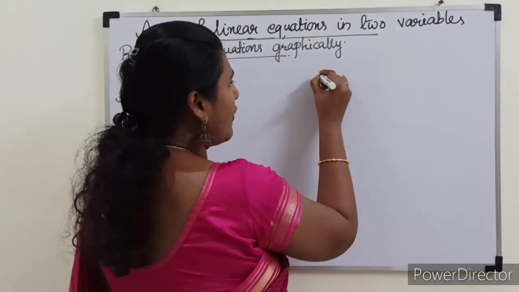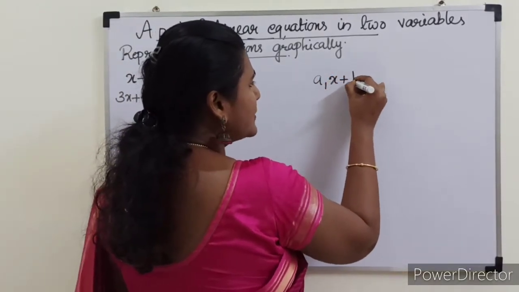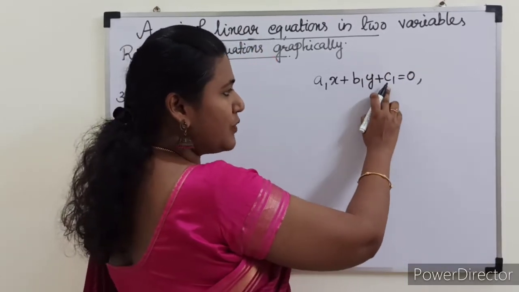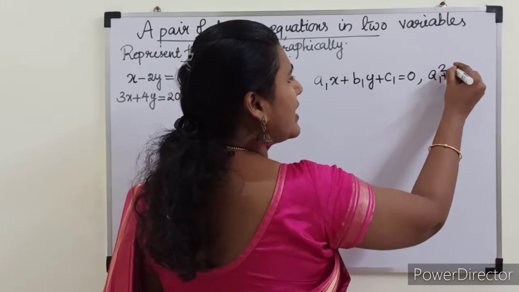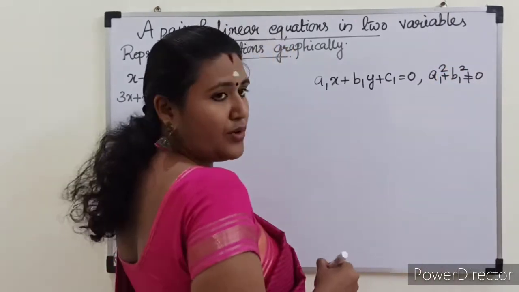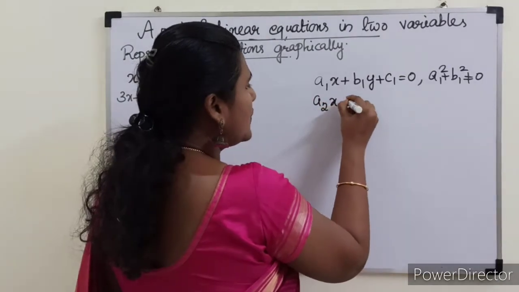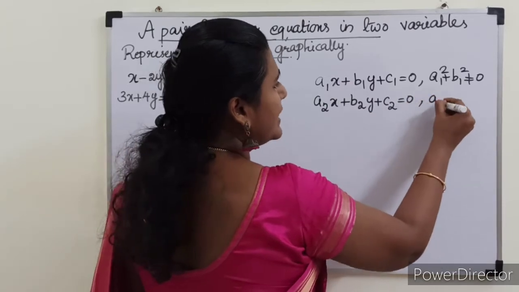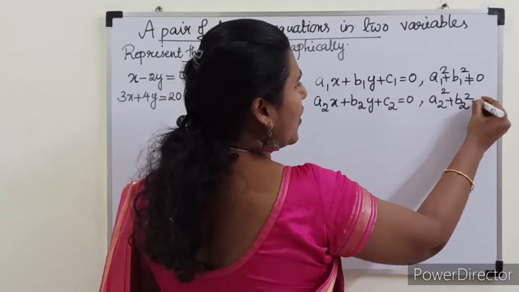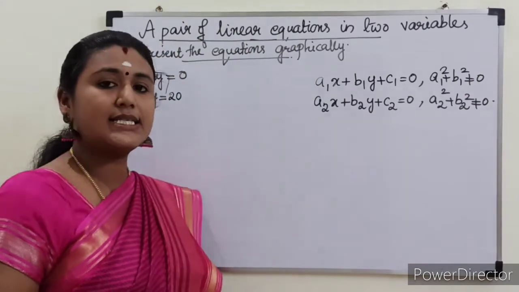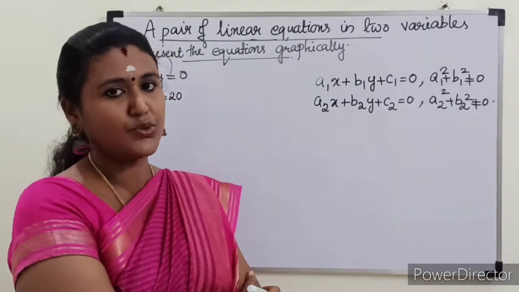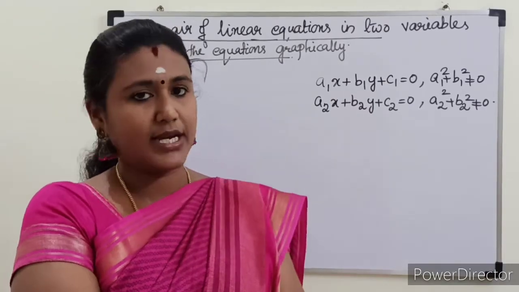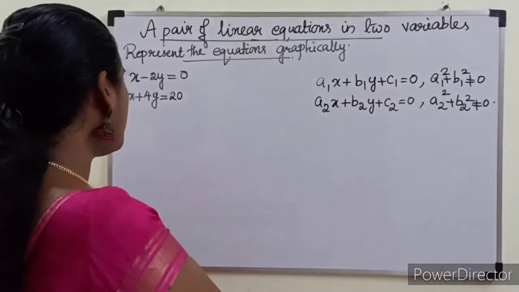So its standard form is a1x plus b1y plus c1 equal to 0, with the condition that a1, b1, c1 are real numbers and a1 square plus b1 square not equal to 0, and the second equation a2x plus b2y plus c2 is equal to 0, that is a2 square plus b2 square not equal to 0. So we are going to consider two linear equations in two variables, that is a pair of linear equations, or we can call it a system of linear equations. Now we will go to the example sum.